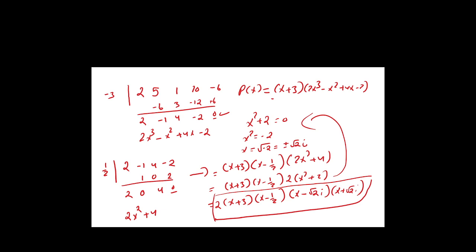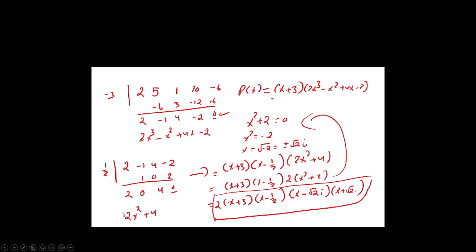If I use synthetic division, after completing the division, I get 2x cubed minus x squared plus 4x minus 2. So this part over here, you could factor this out, and you get 2x squared plus 4.